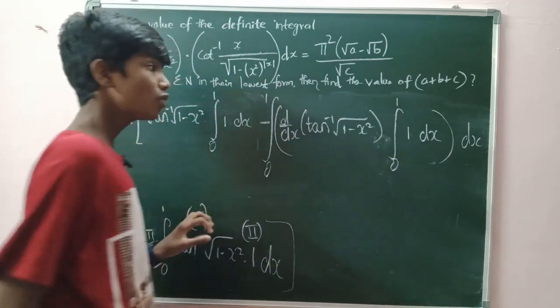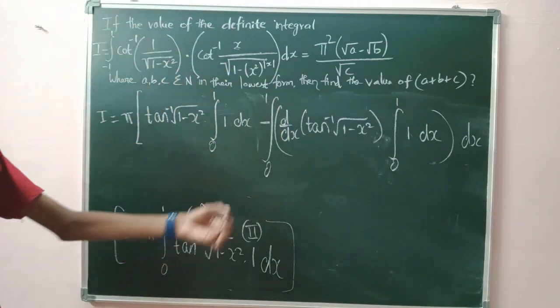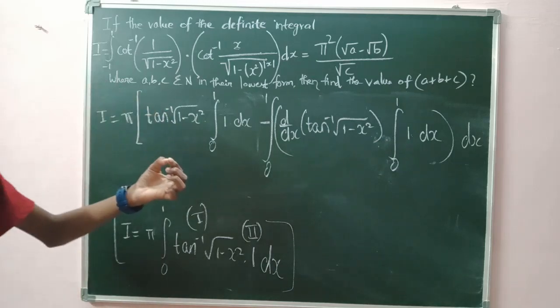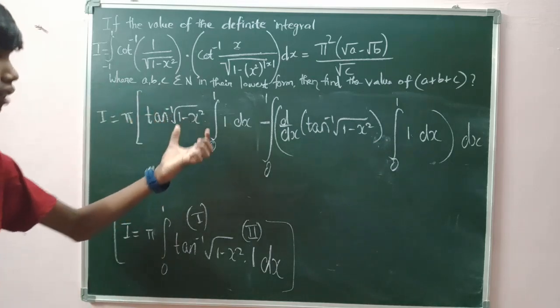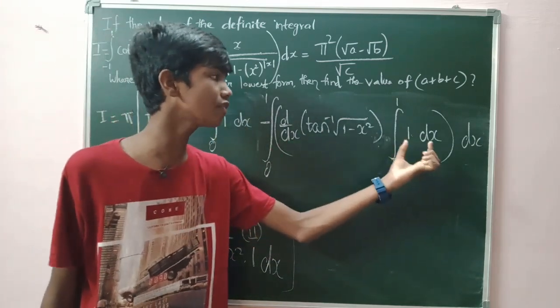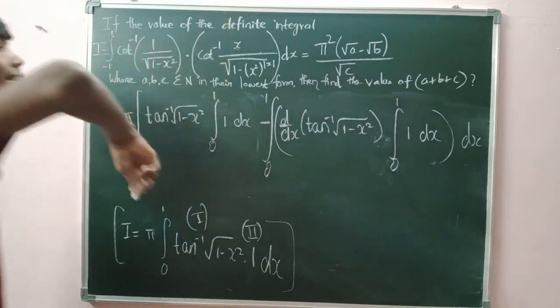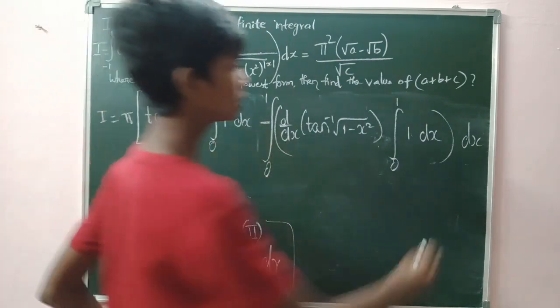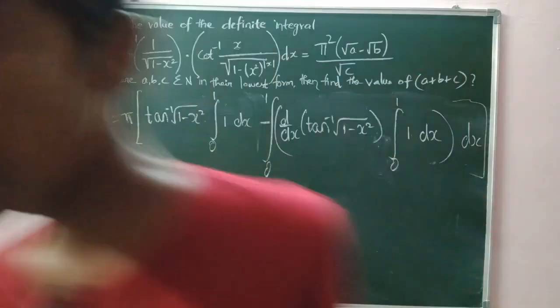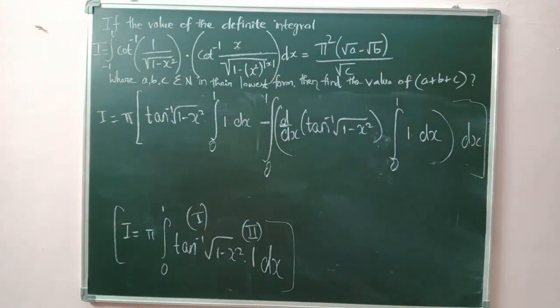So limits, don't forget to put the limits. So first function into integral of second function, minus derivative of first function into integral of second function. Then put the integral on the whole and the limit should be the same, just like that. Okay, so this is what we are supposed to do.